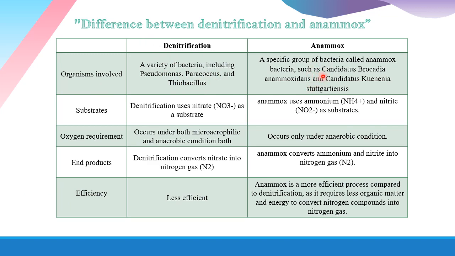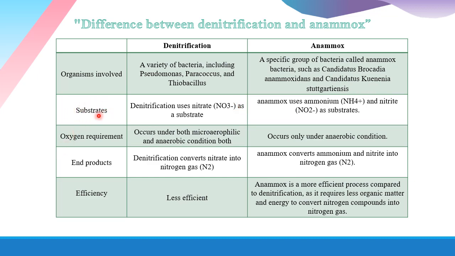Whereas in the case of Anammox, a specific group of bacteria called Anammox bacteria, such as Candidatus Brocadia anammoxidans and Candidatus Kuenenia, plays an important role in this conversion.